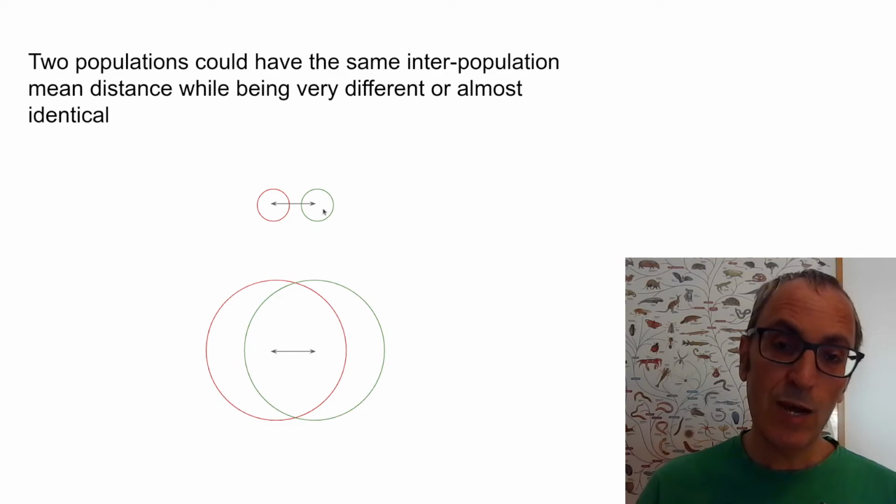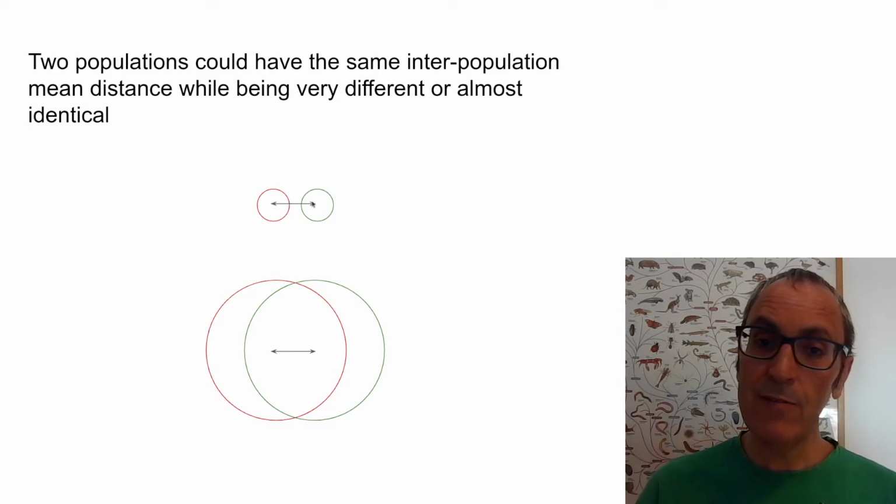In this case, we have two populations that have the same mean distance between them, but in the first case, these two populations are very different. They do not share a lot of diversity, but in this case, the populations are quite similar.